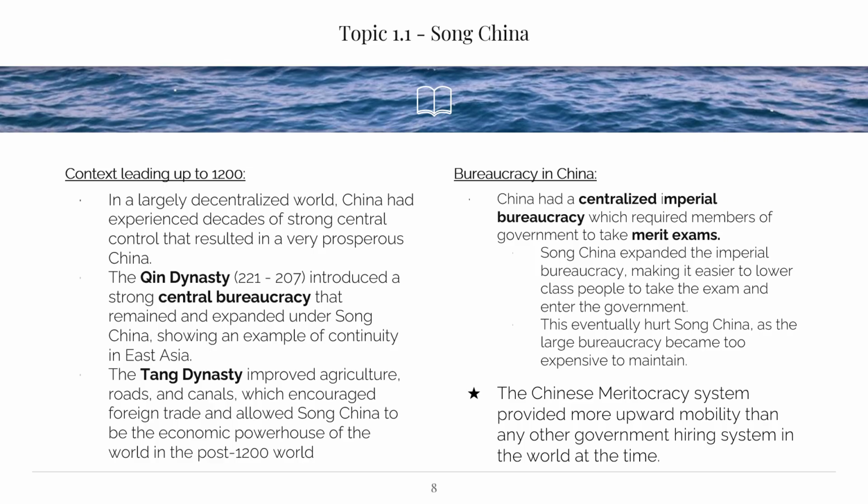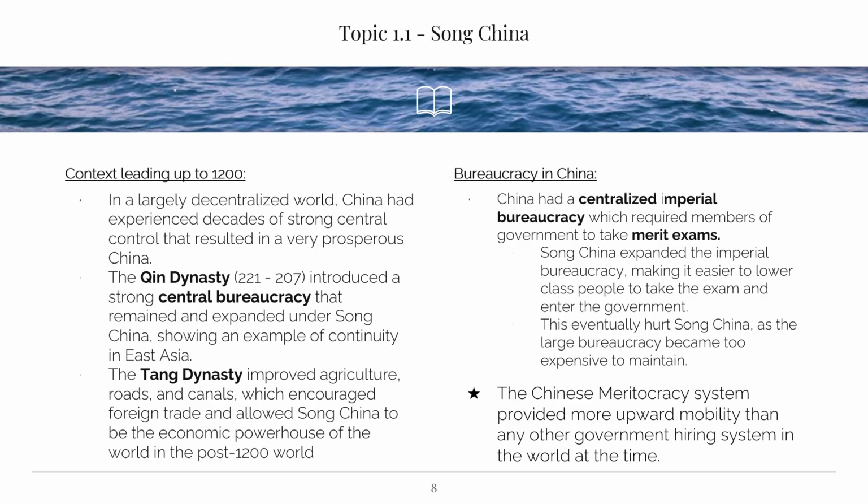The Tang dynasty improved agriculture, roads, canals. All of this will encourage foreign trade. There was not a big gap between the end of the Tang Dynasty and the beginning of the Song Dynasty, and because they are characteristically so similar, a lot of people just kind of blend them together. They had some distinct differences, but for the most part, they had a lot more similarities.